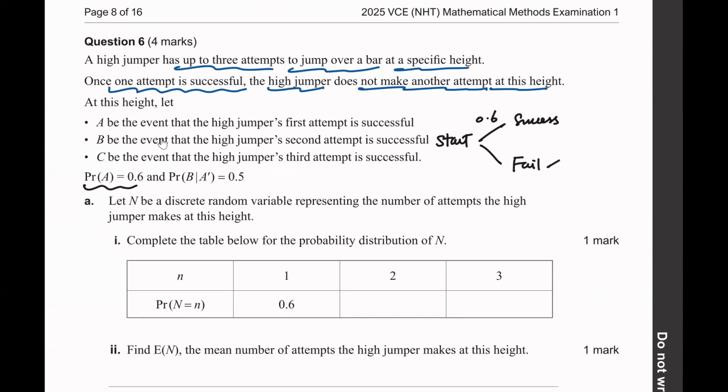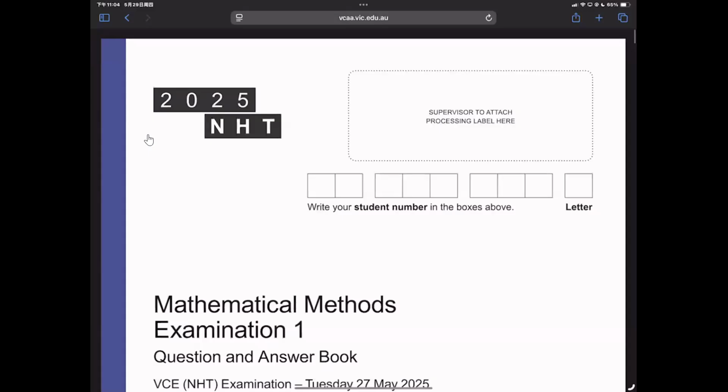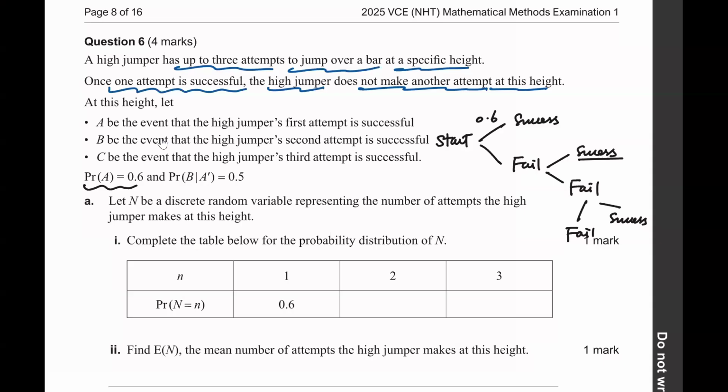If I failed, I can make another attempt. And up to here, I don't have to make any other attempt, okay? This is also fail. And we might also get, let's say, success or fail. So B is the event that the high jumper's second attempt is successful.